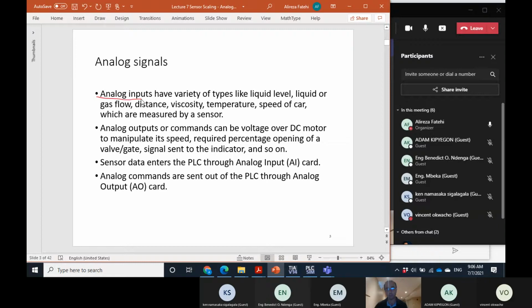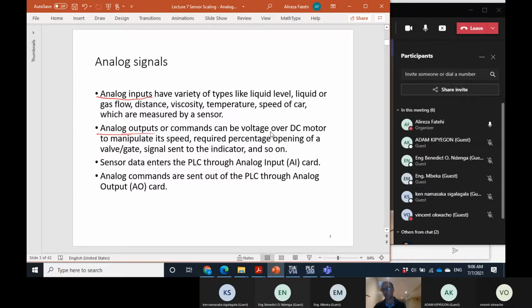Some examples of analog inputs are all the analog sensors: liquid level, gas flow, distance, viscosity, speed of a car, temperature. Lots of analog inputs. Analog outputs are also the commands that we send to a device, but the command is not just on, off, or start, stop.